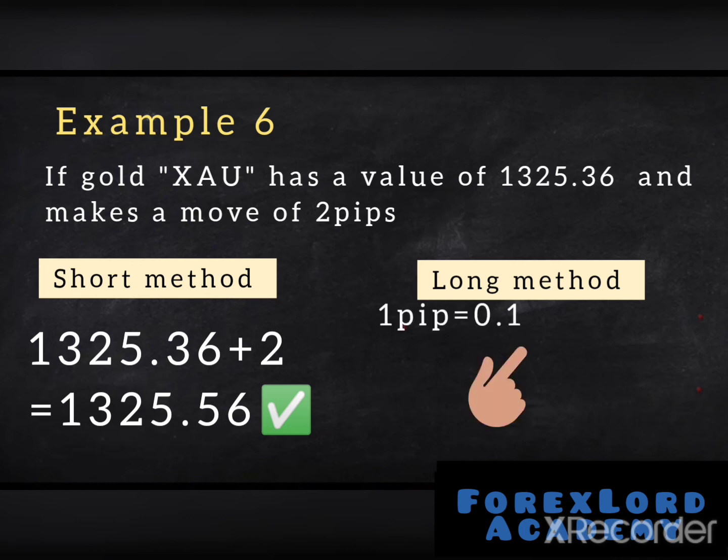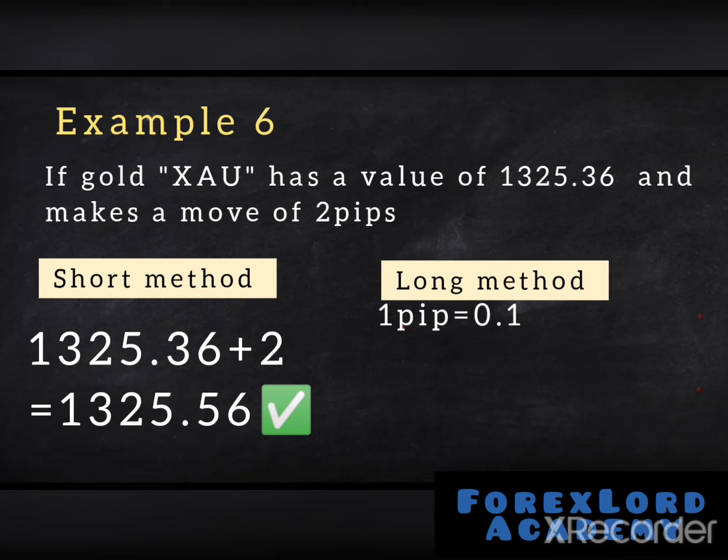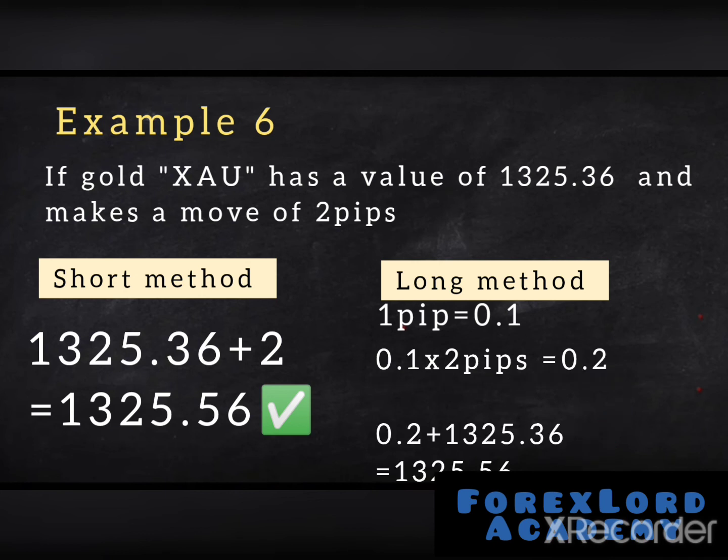So in the example we gave before, if that value, 1325.36, makes a move of 2 pips, what would be the new value? Since 1 pip for gold equals 0.1, we say 0.1 times 2, and the new answer will be 0.2.